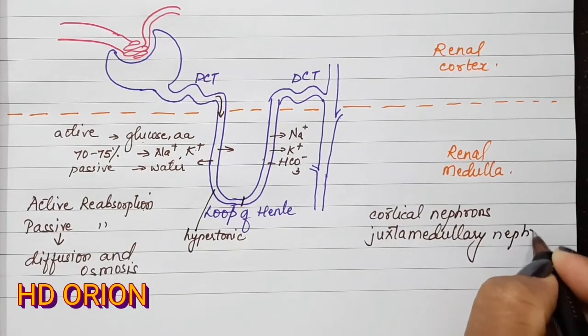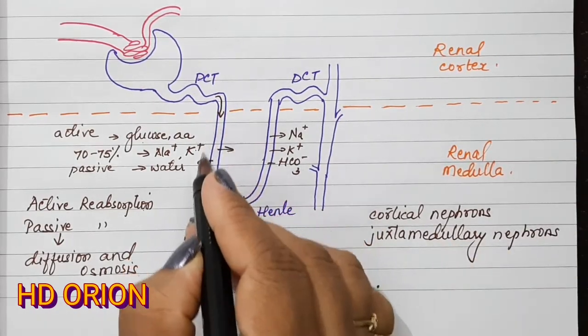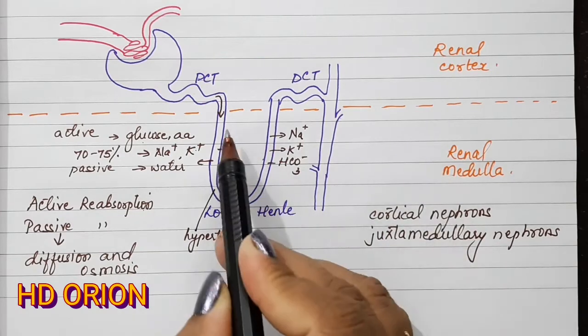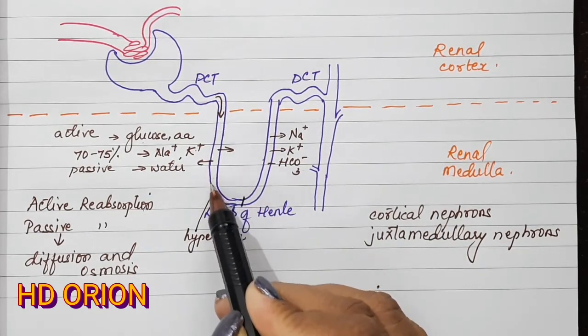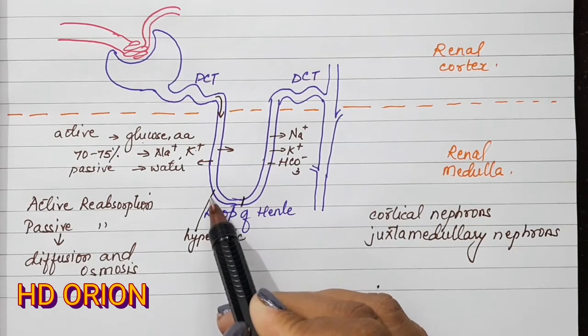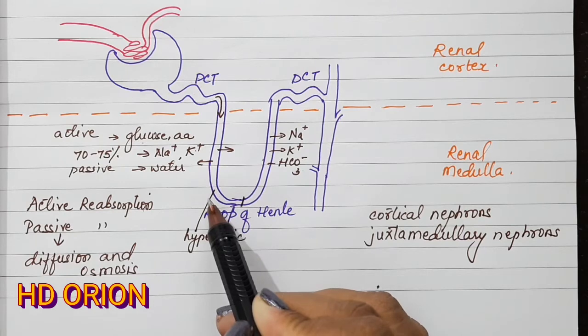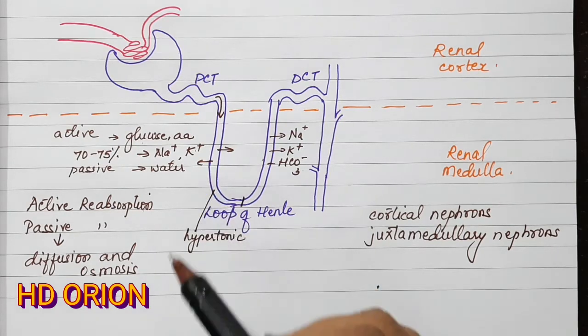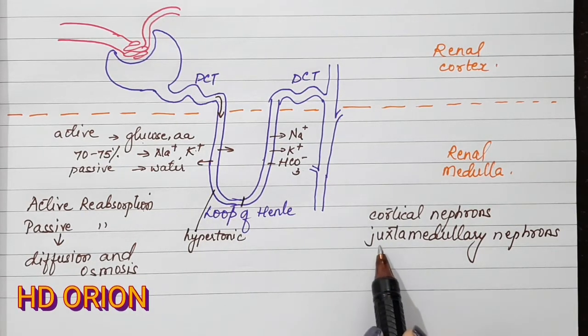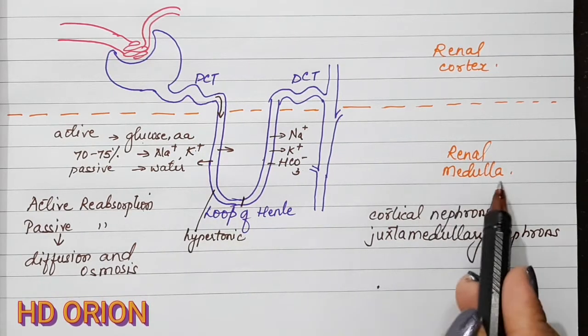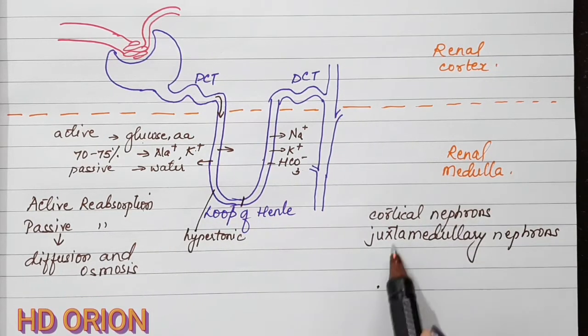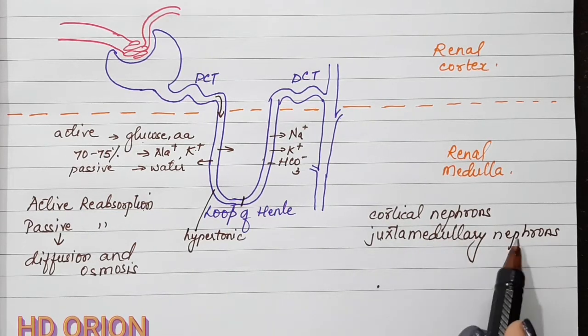These nephrons have a very long loop of Henle. That means the renal medulla has a very long loop of Henle. The longer the limb, the more is the reabsorption of water, because their body does not want to waste the water at all, and therefore they completely reabsorb the water. Such nephrons in which the loop of Henle is quite big and extends much into the renal medulla are called juxtamedullary nephrons.